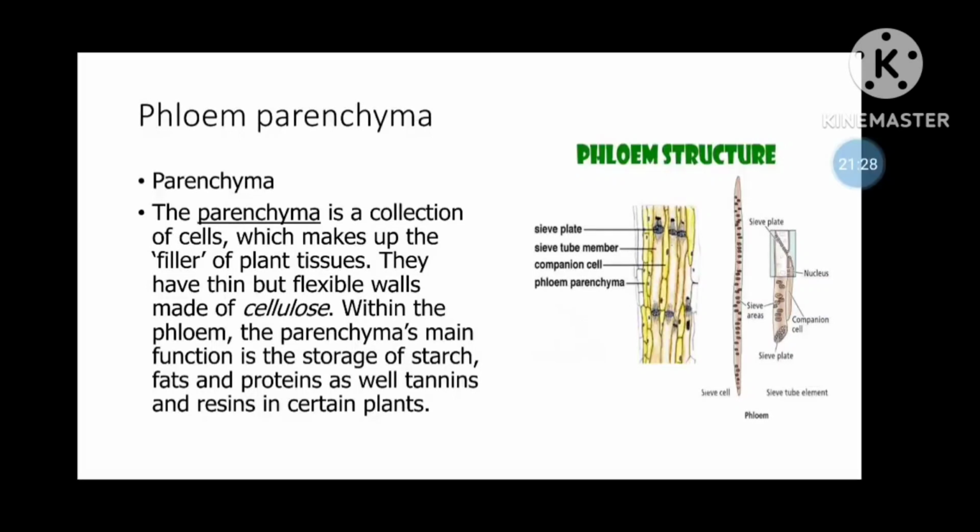And this phloem parenchyma is mainly involved in the storage of starch, fat and protein. Right. The main function of phloem parenchyma is the storage of materials, like your starch, your fats, your proteins. Right? Now come to the next slide.